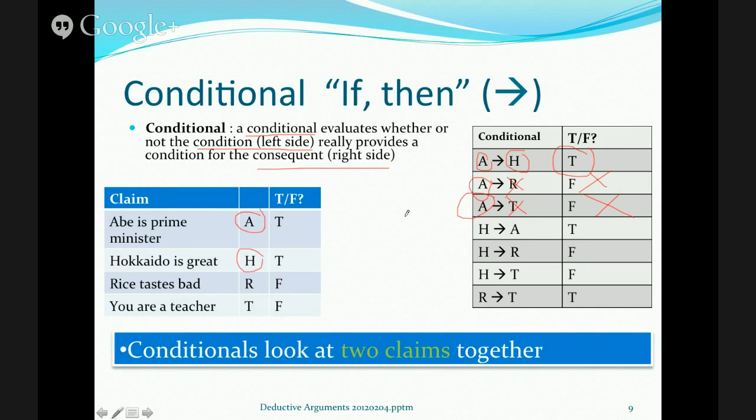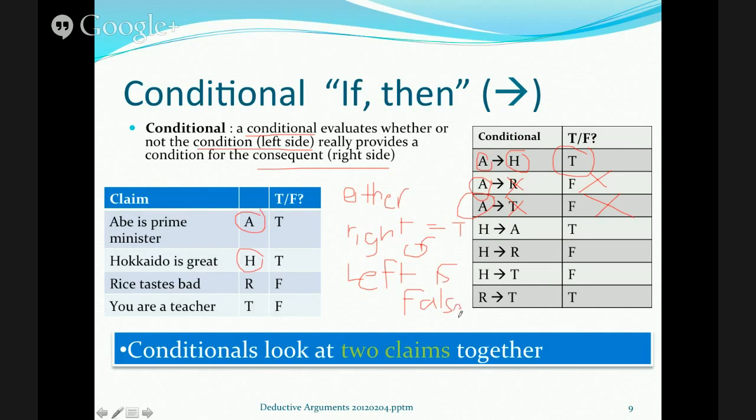The answer is this type of argument is true if either the right side is true or the left side is false.